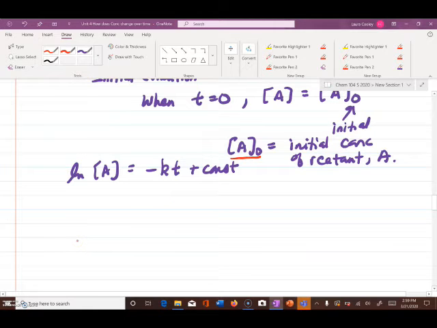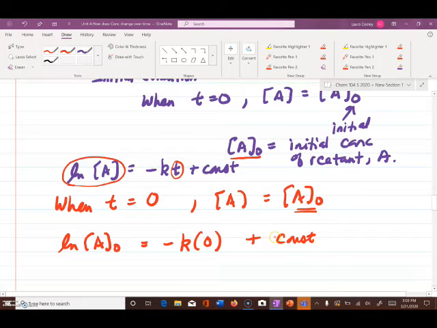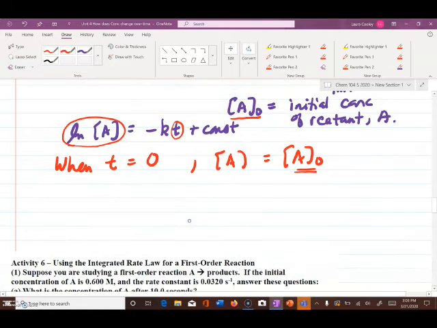So we want to know what this constant is, and I made a little mistake, so I erased a few things. What we do know is that when the time is 0, the concentration of A is equal to the initial concentration.